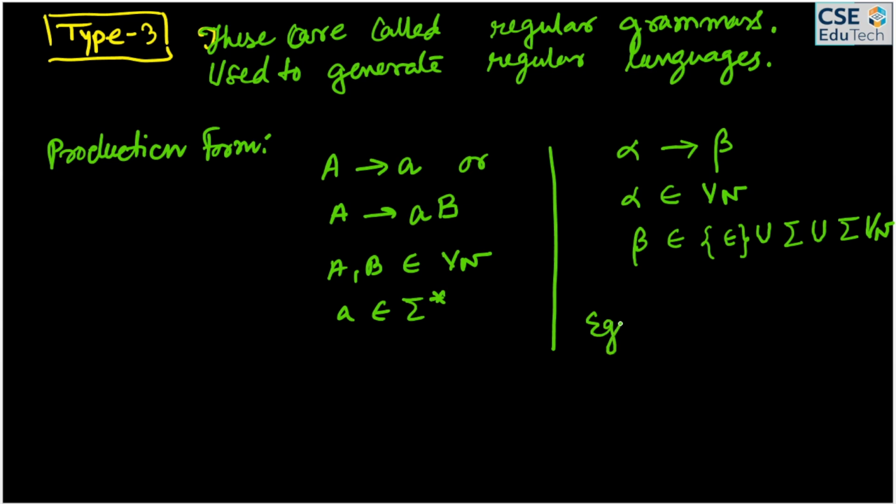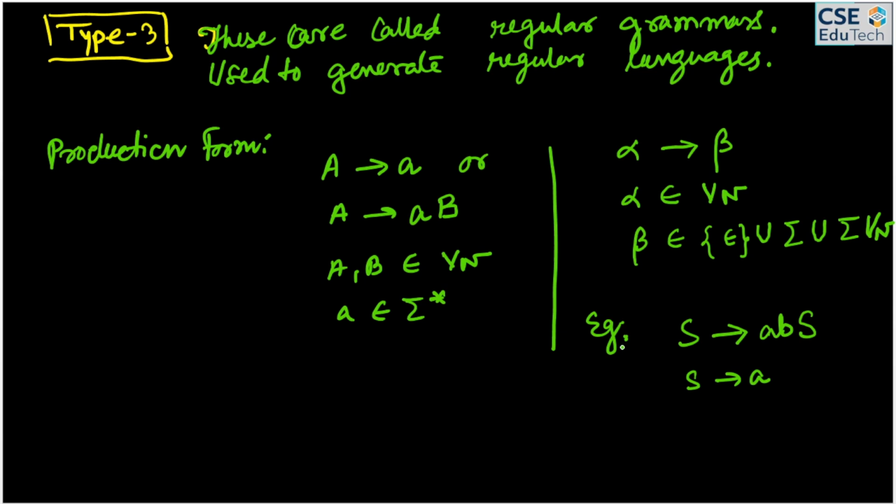For example, S to aS, or we can write S to a. So these are basically the type 3 grammar or the regular grammar.